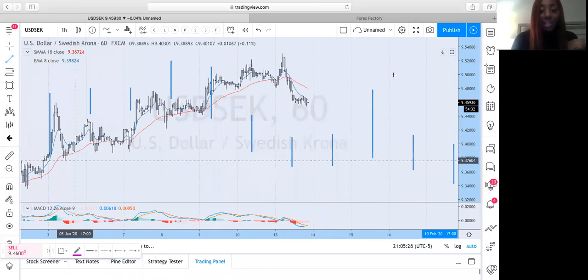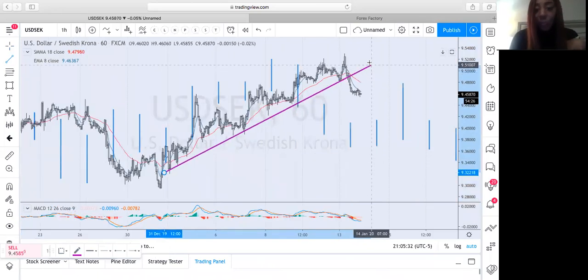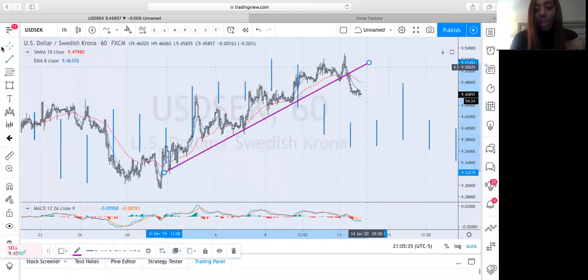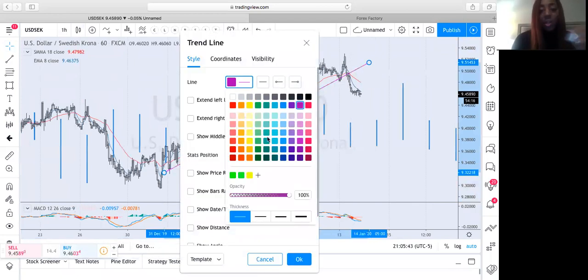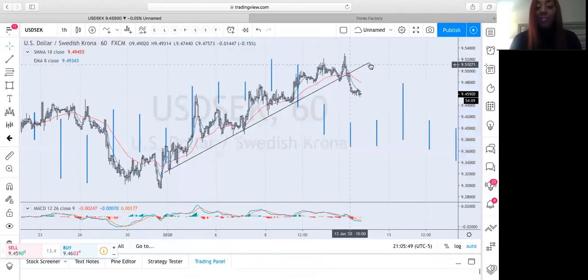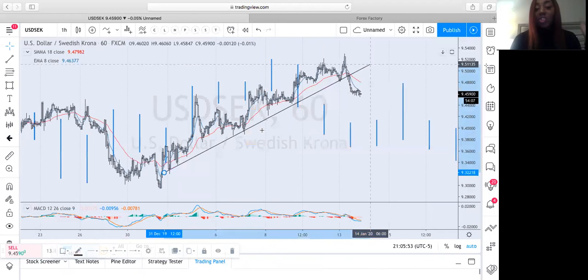I haven't marked this yet. I'll give y'all an update on it because I'm going to have to go in and do my foundation levels and everything. But it's already broke this trend line right here. I want to see a little bit of a pullback, and then I'm smacking it.